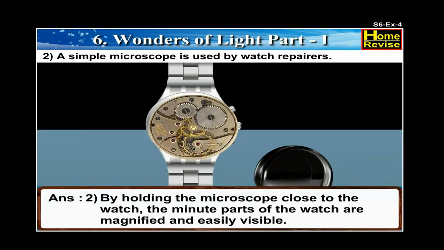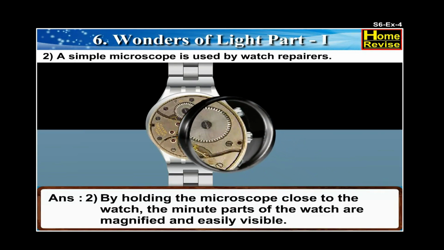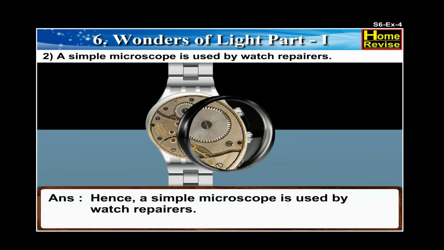By holding the microscope close to the watch, the minute parts of the watch are magnified and easily visible. Hence, a simple microscope is used by watch repairers.